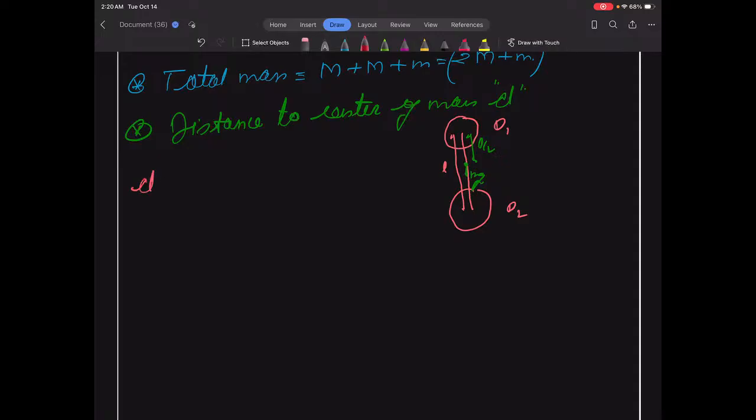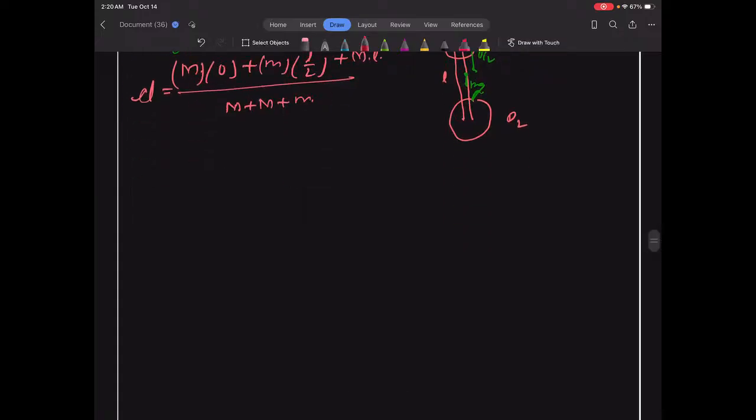So we get the distance d will be equal to, in the numerator, the upper disc multiplied with its distance, plus the rod and its distance, plus the lower disc and its distance, divided by the total mass.